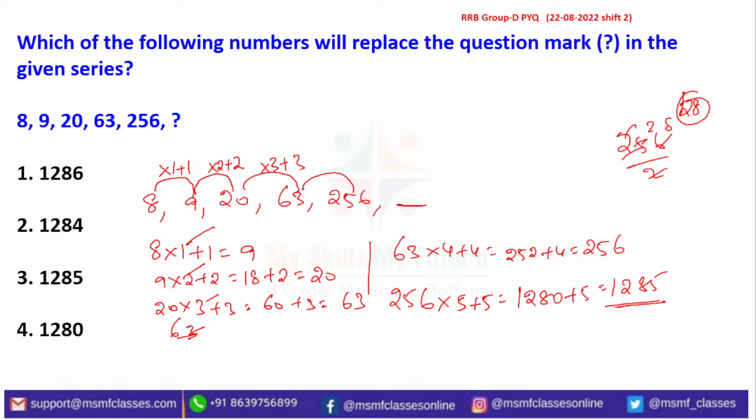So the answer is 1285. The same logic was given in the last live session. Option 3 is correct.